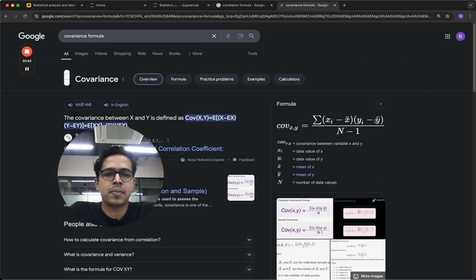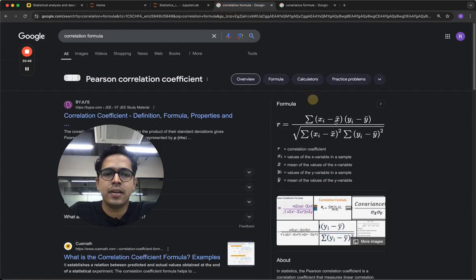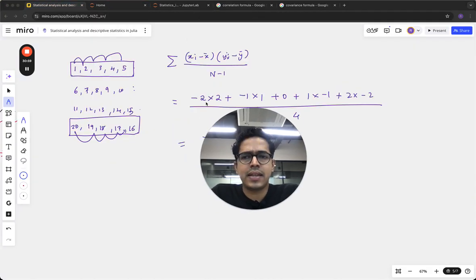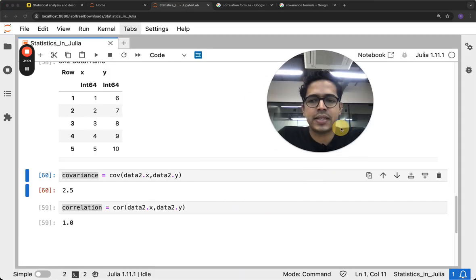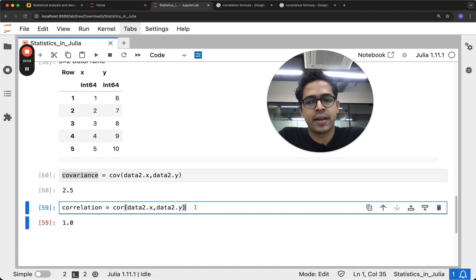So the sign should be the same, but here the denominator is simply n minus 1, while for correlation the denominator is the square root of the sum of xi minus x bar squared times the sum of yi minus y bar squared. So essentially they give you similar information, but with a different type of scaling. So that is covariance and correlation.